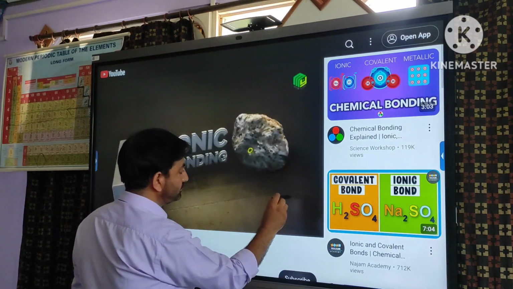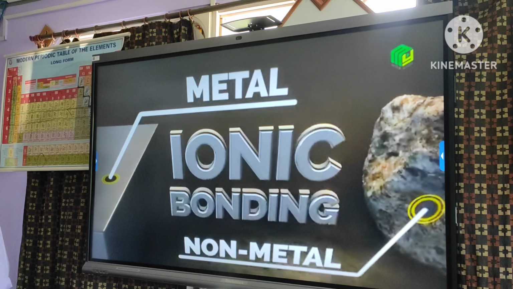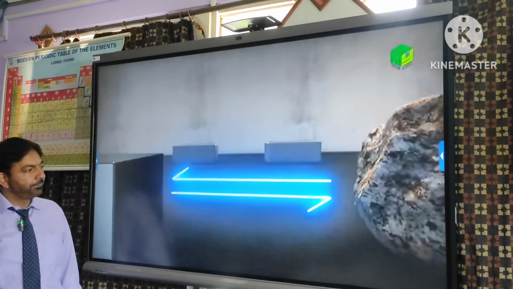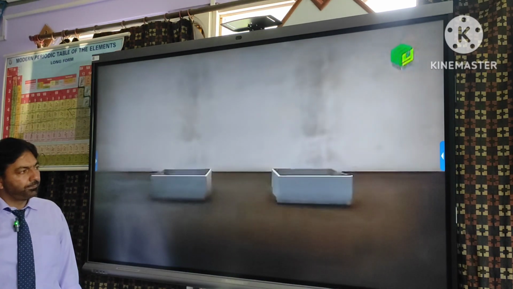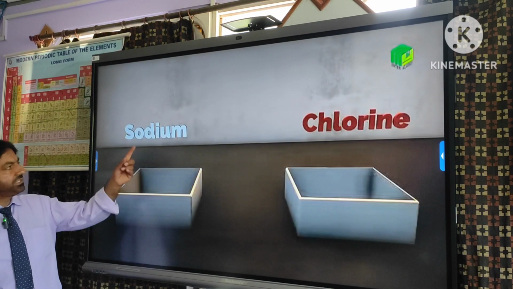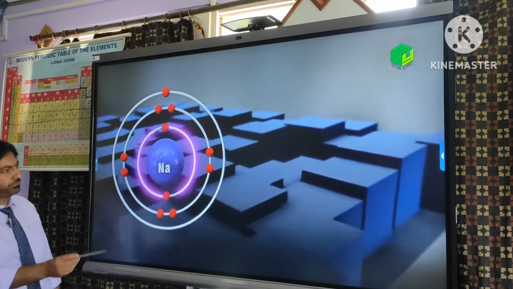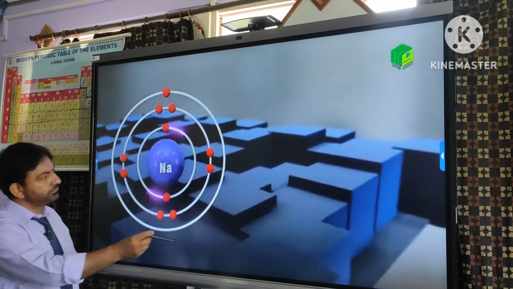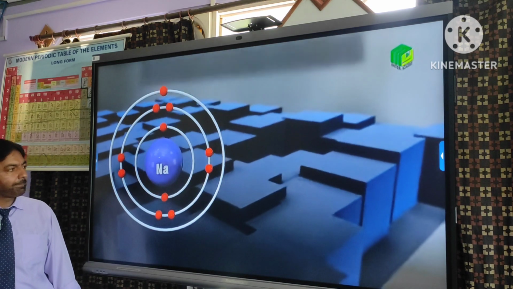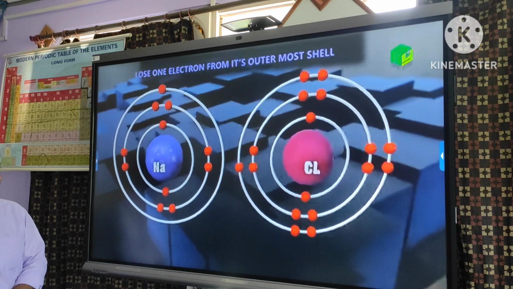An ionic bond is formed between a metal and a non-metal. This type of bond is formed by complete transfer of one or more electrons. To explain the mechanism of ionic bond, let us consider the formation of ionic bond between sodium and chlorine. The atomic number of sodium is 11. It consists of 2 electrons in the K shell and 1 electron in the M shell. To complete its octet, it should lose 1 electron from its outermost shell.